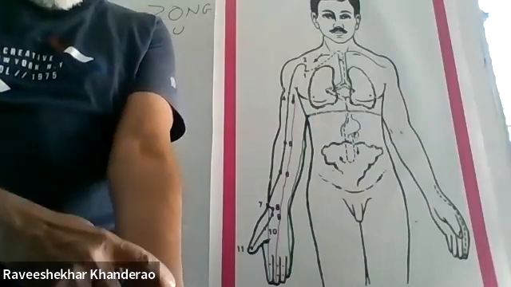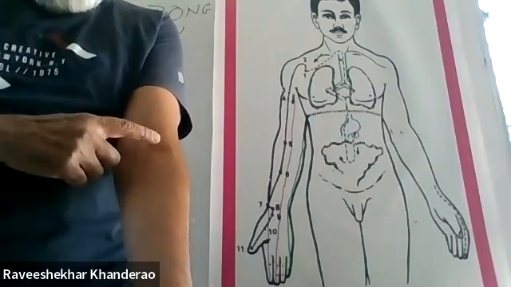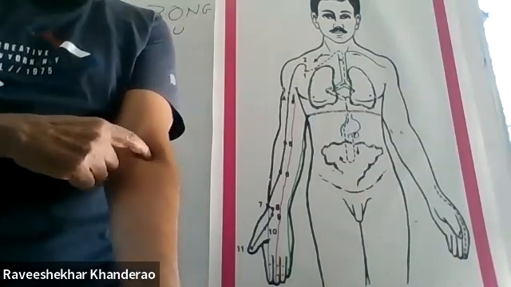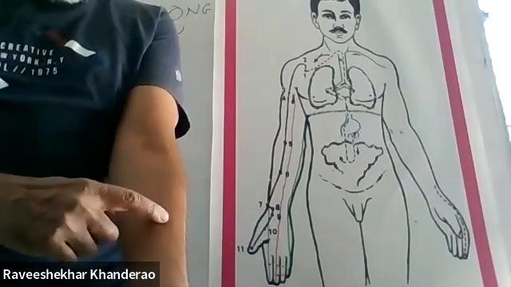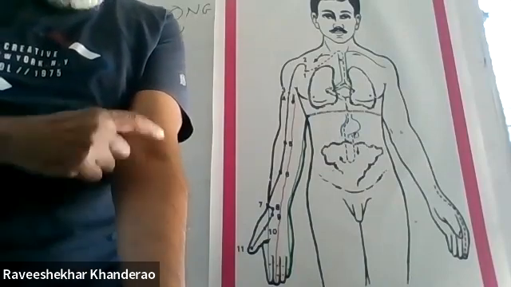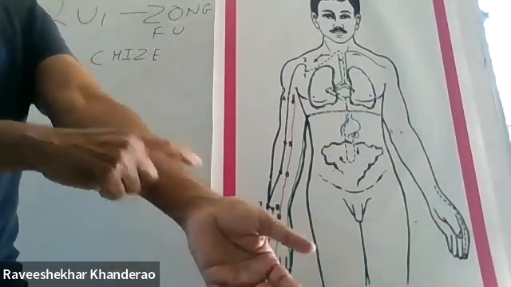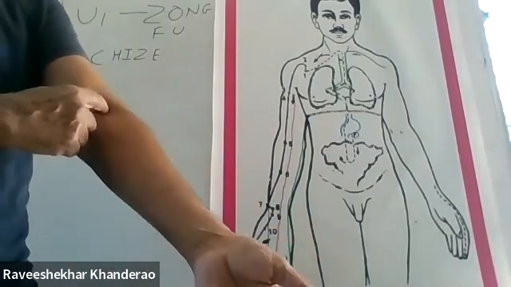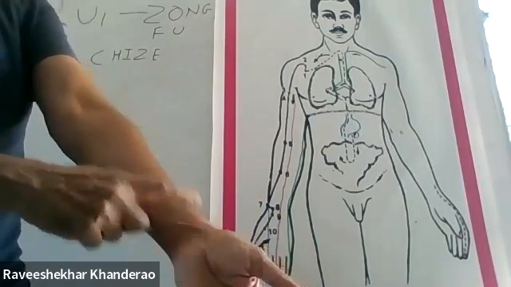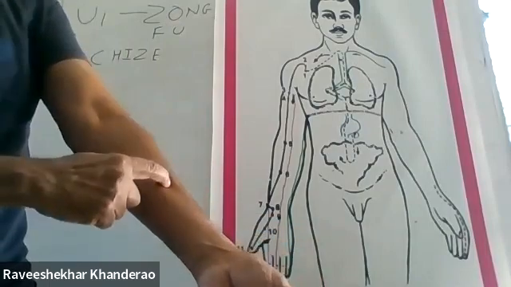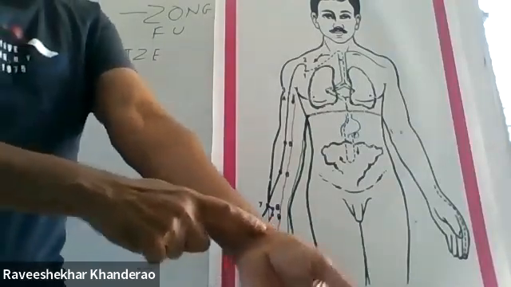It goes from the radial side, from the cubital fossa, from lung 5 to Pai Chun below, on this line connecting lung 9 and lung 5. Lung 5, Pai Chun below the cubital fossa. It is here, and which is the line?